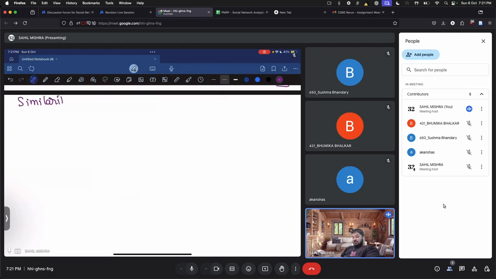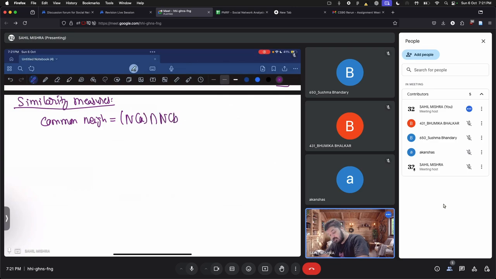These similarity measures can be used in assortativity, etc. Anyways, the most common one is common neighbors. Common neighbors we all know. This is NA intersection NB. I'll just quickly go through this whole thing in 5 minutes.